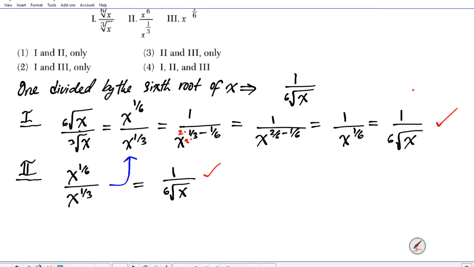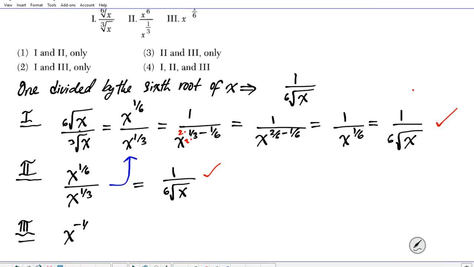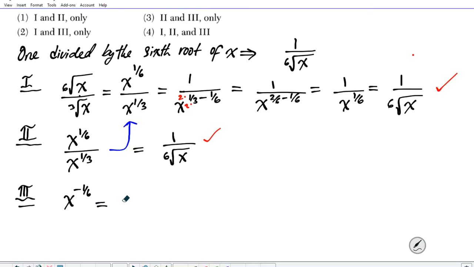Now let's take a look at the third one, option 3. Option 3, we have x raised to the negative 1/6 power. Okay, so how can we express this using radical format? First of all, we're going to use the reciprocal property of exponents. Since we have a negative exponent, we can reciprocate the entire term and make the power positive.